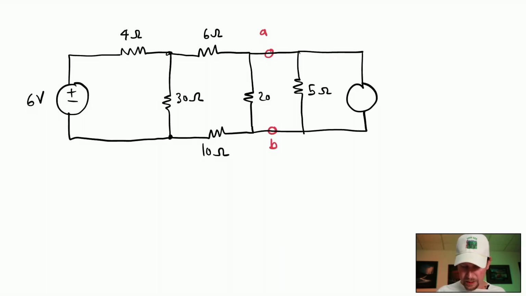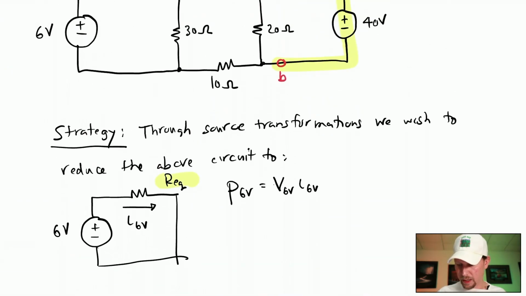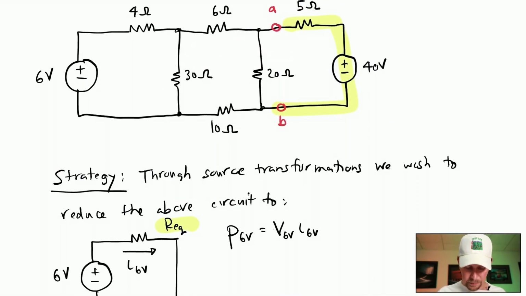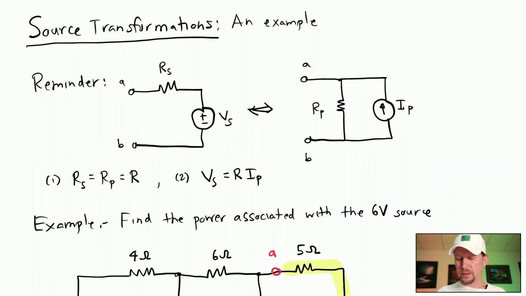Now keep in mind, and this is important, the details in electrical engineering matter. Notice that the voltage polarity here is such that the top is positive, the bottom is negative. This will immediately dictate the direction of the current in the source that we're replacing it with.